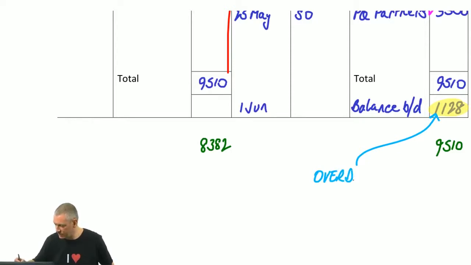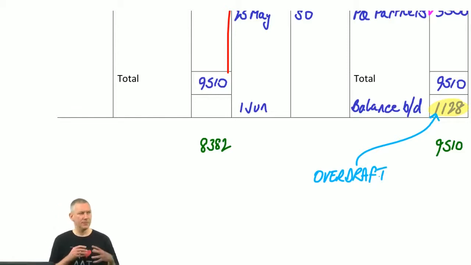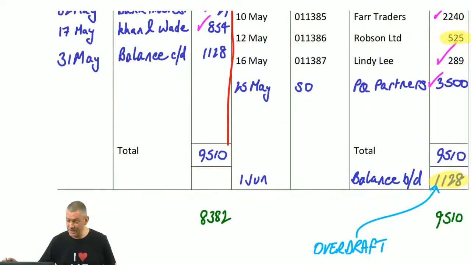And I do suggest to you that you are also aware that the balance brought down as a credit balance is equivalent to the balance carried down as a debit balance. Again, there are examples of questions that ask about this feature of bookkeeping.